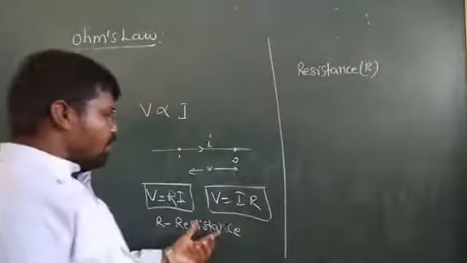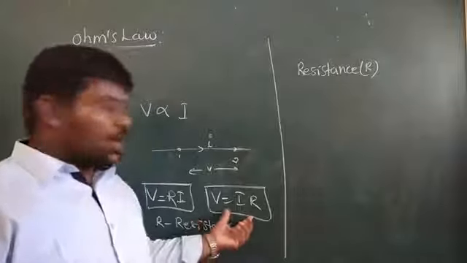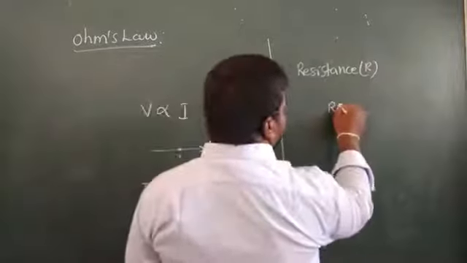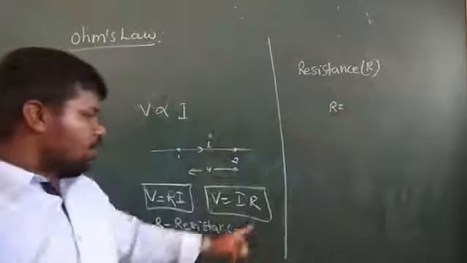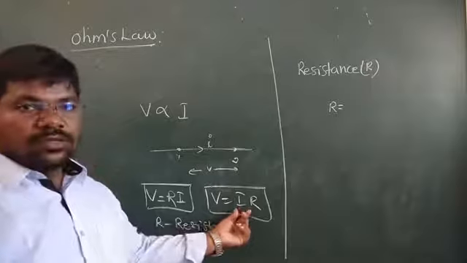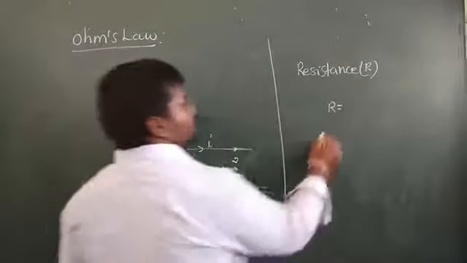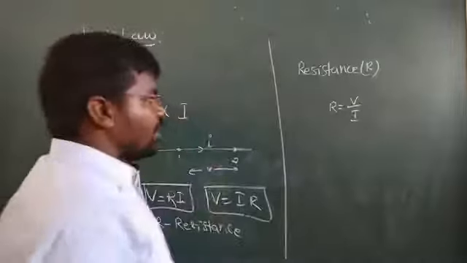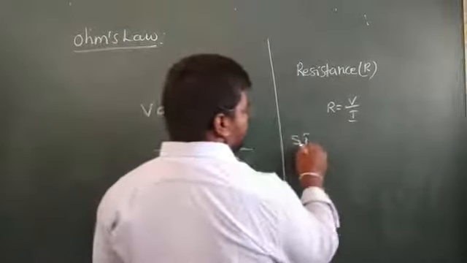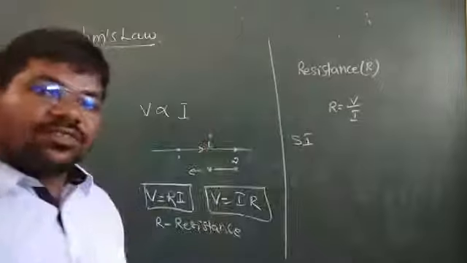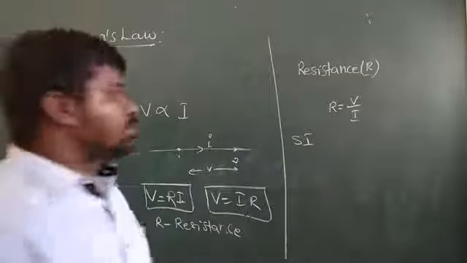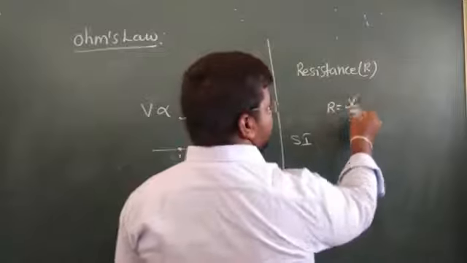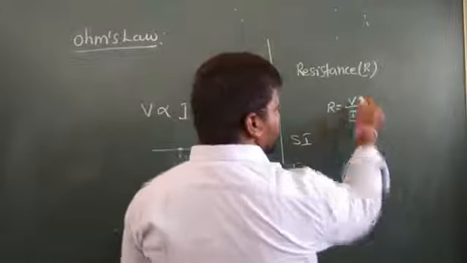From Ohm's law, how can we separate R? We send I to the left side. R is equal to V by I. Coming to the SI unit of resistance: it is V by I. What is the SI unit of potential difference?